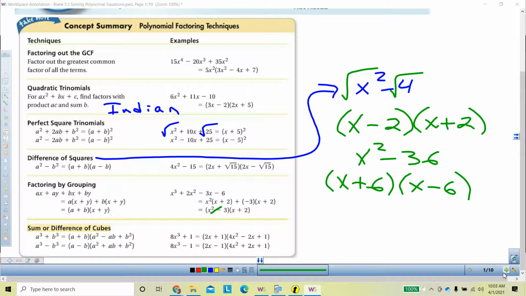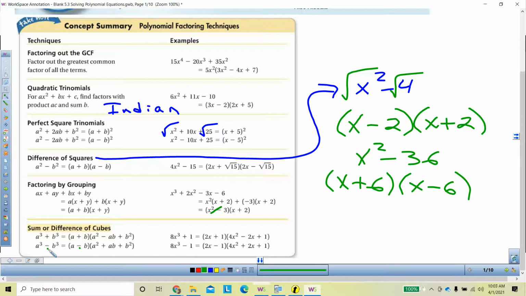Okay, if it's a difference of two cubes, like it is at the bottom here, right, we're going to have a minus in the parenthesis, matches that minus at the beginning, and then the next two in the trinomial parenthesis are both positive. Okay? So it's pretty easy to remember, right?